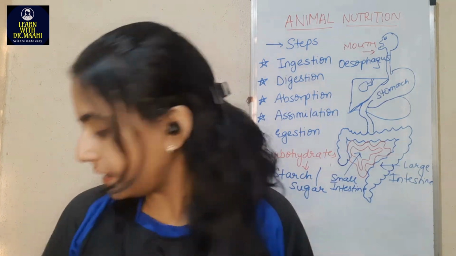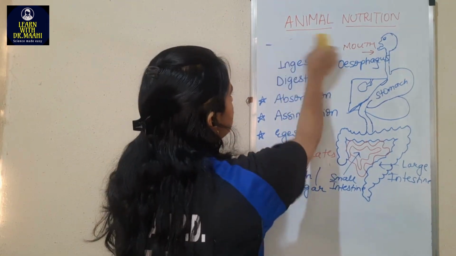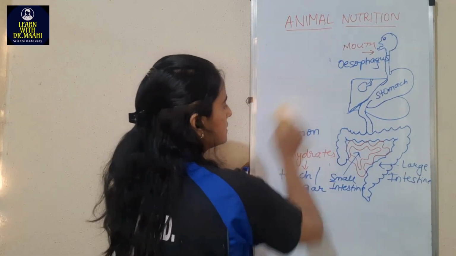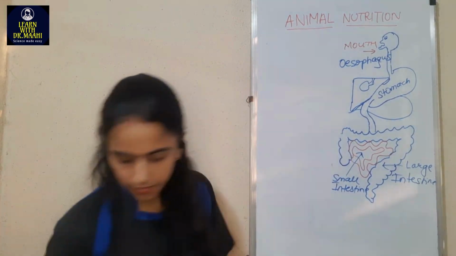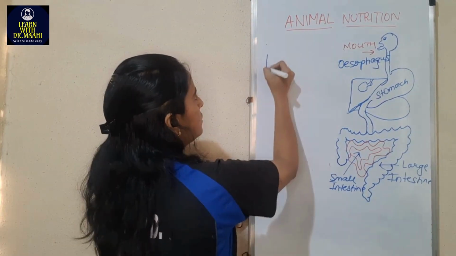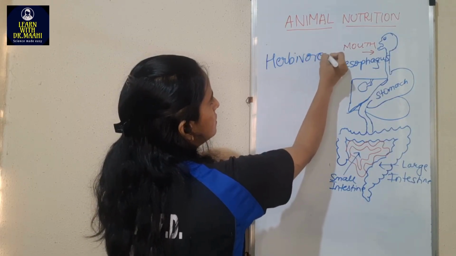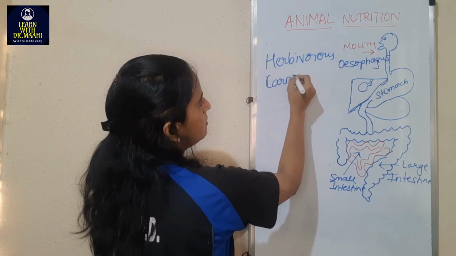Now a small part that I want to cover is, there are 2 types of animals, okay, that can be herbivorous and carnivorous. Okay, herbivorous and carnivorous. So today we will be studying about how the nutrition takes place in the herbivorous animals.